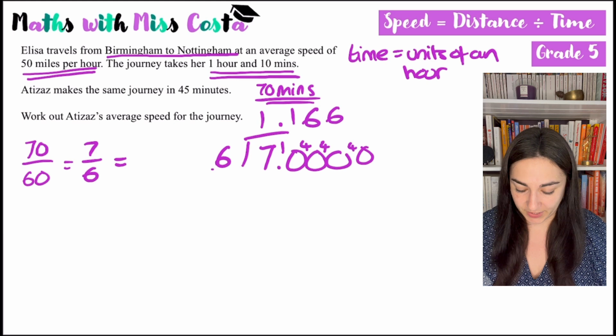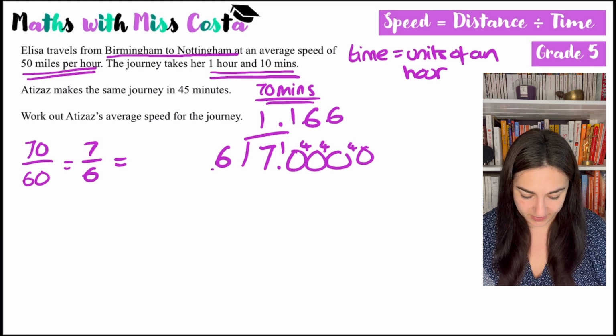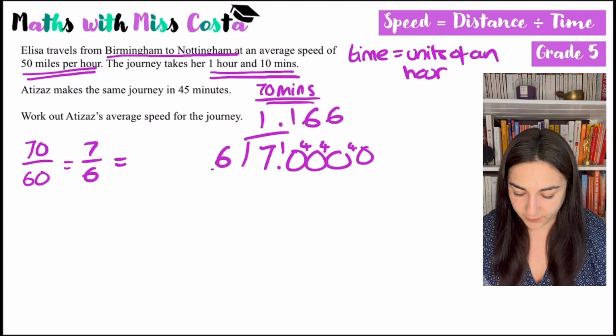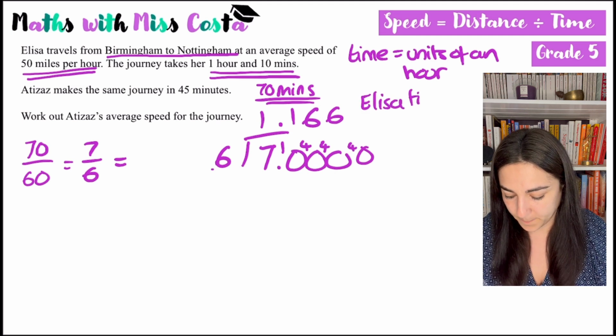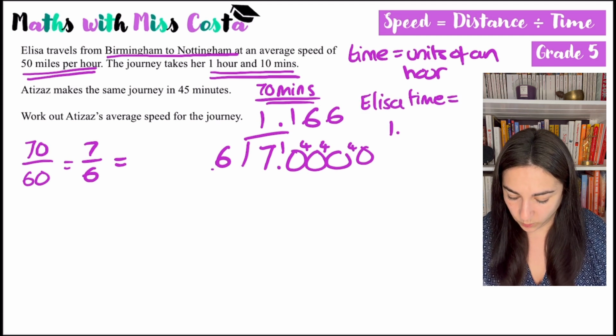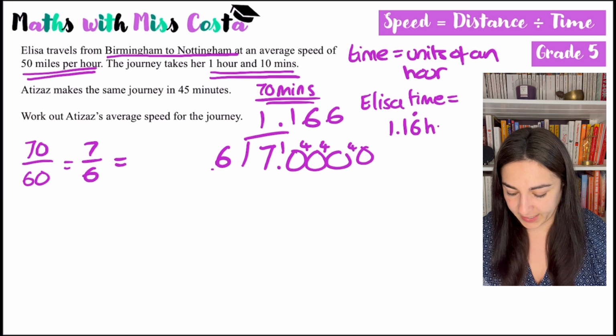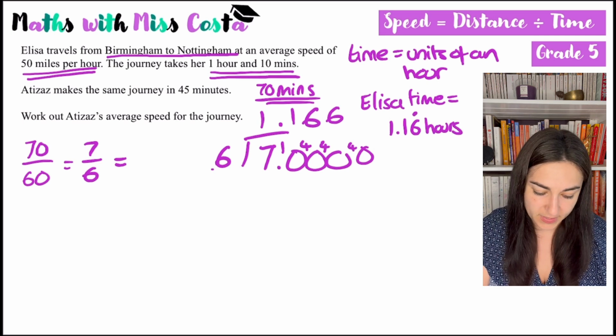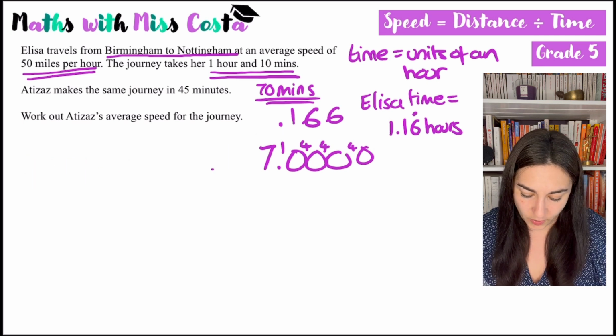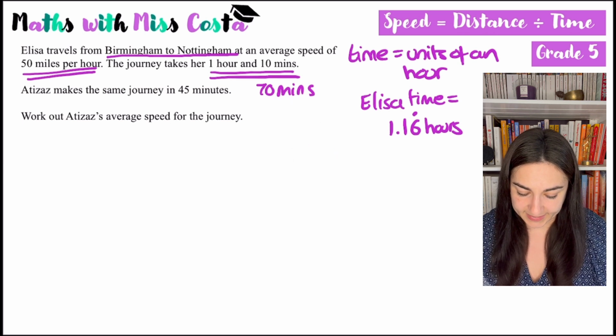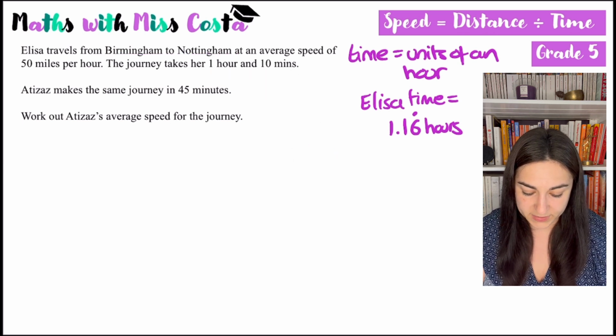Okay, so what was I trying to work out? That the time for Elisa is 1.16 recurring hours. I'm then told that Atazaz makes the same journey in 45 minutes.